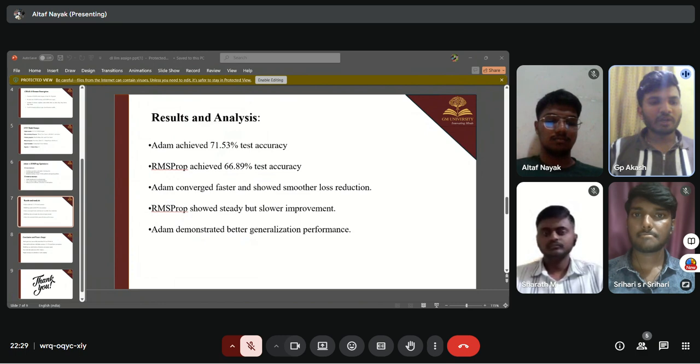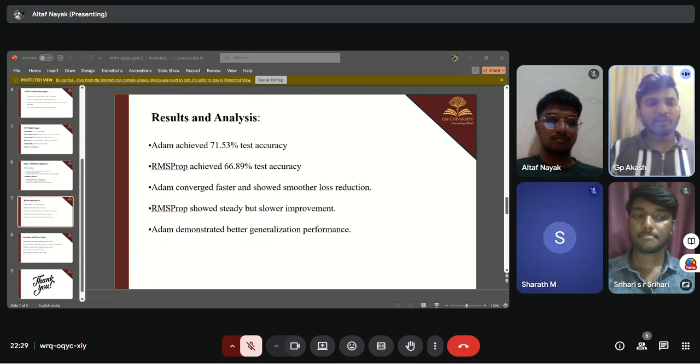On the other hand, RMSProp showed steady but slower improvement, indicating that it learns more gradually over time. Overall, Adam had better generalization performance, which means it performed more consistently when tested on unseen data. So, from the analysis, we can conclude that Adam outperforms RMSProp in both speed and accuracy. The next slide will be the conclusion and future work.